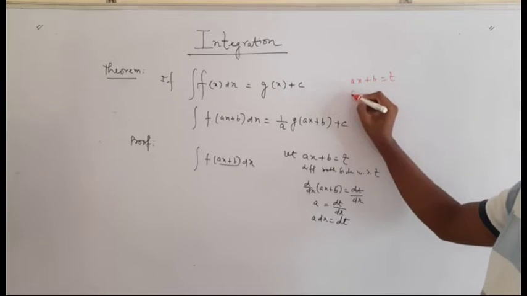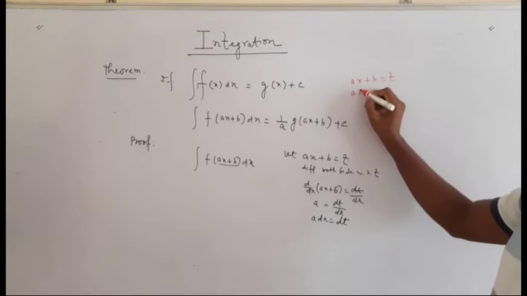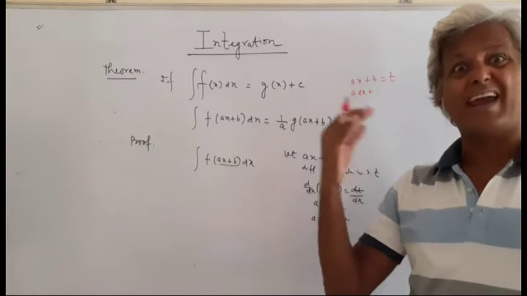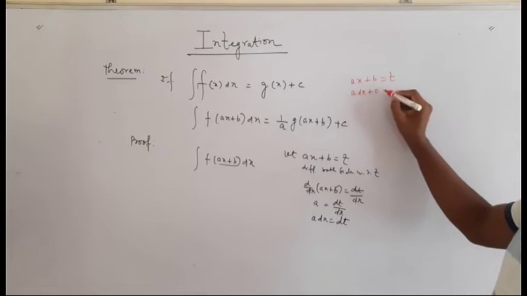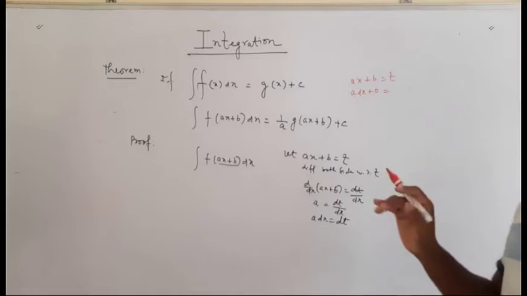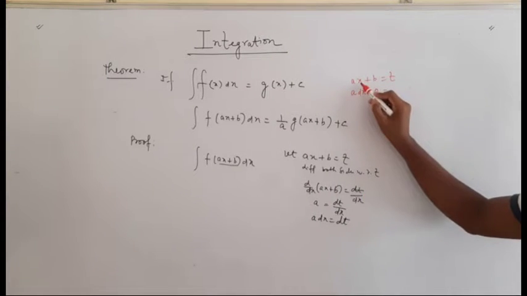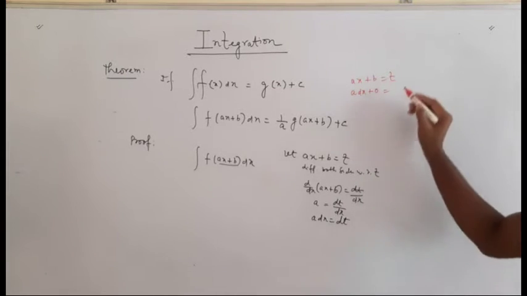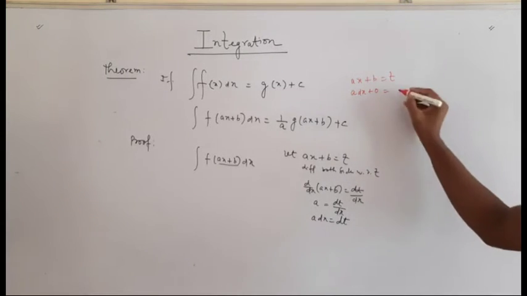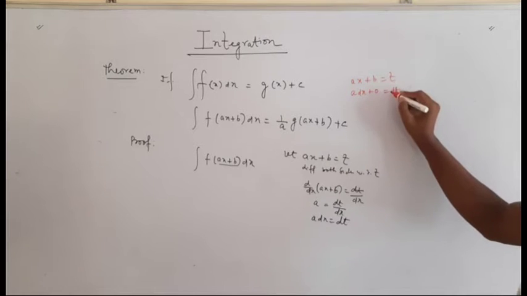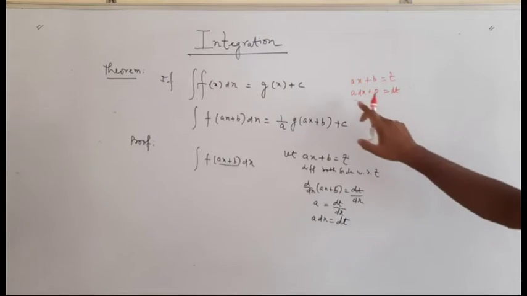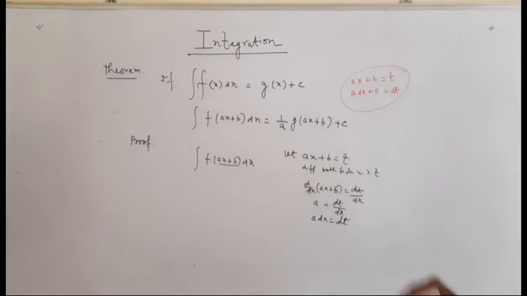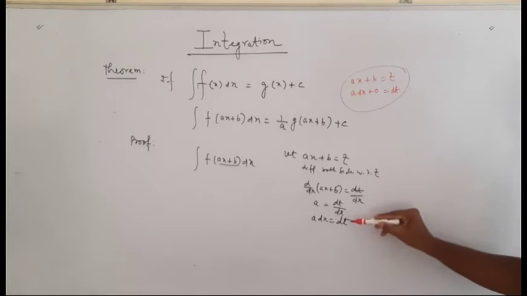So it becomes a, the differentiation of x is 1, so this is dx, plus the differentiation of b, which is a constant, with respect to any variable is always 0, and this is the differentiation of t, because ax plus b, where x is a variable, is a variable, so t is also a variable. You differentiate t with respect to itself, so the differentiation of t is 1 and you just attach dt. So you can directly get a dx equal to dt. I find this method sophisticated, but it has actually been derived out of this only.